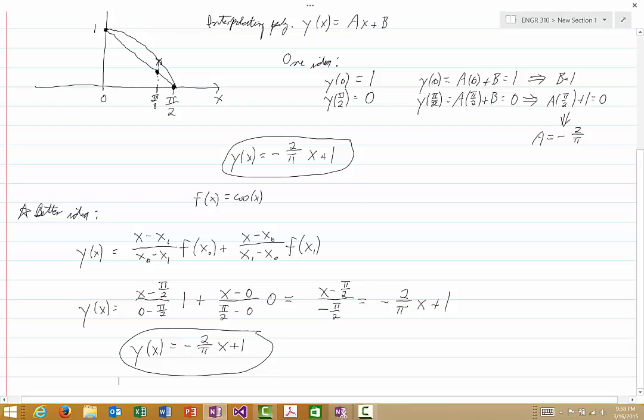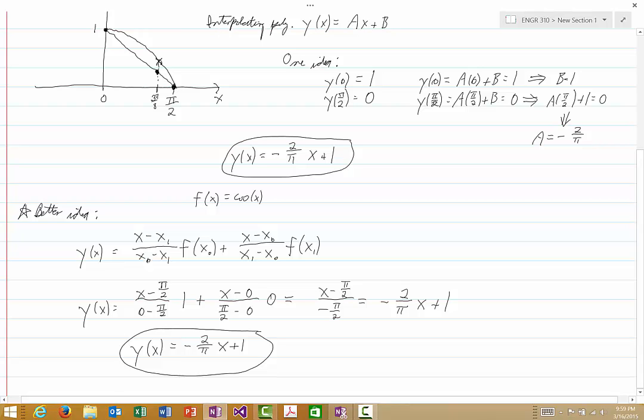First of all, you could leave this expression in this form if you wished, rather than simplifying it down to here. I simplified it down to this point simply so that I could show you that in the end we get the same value that we had before.